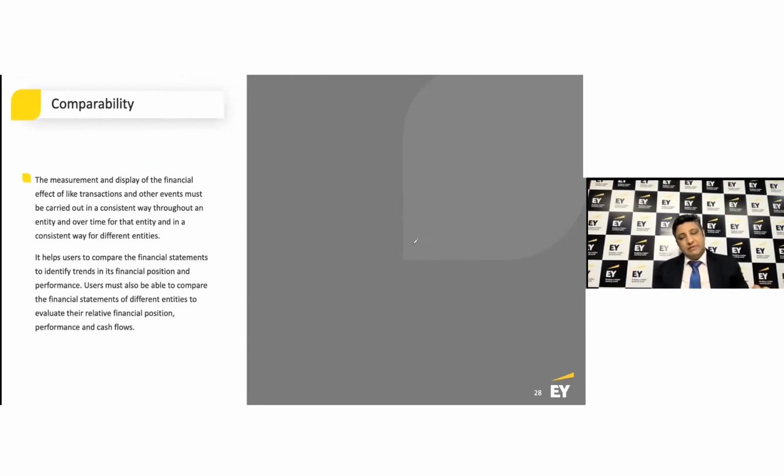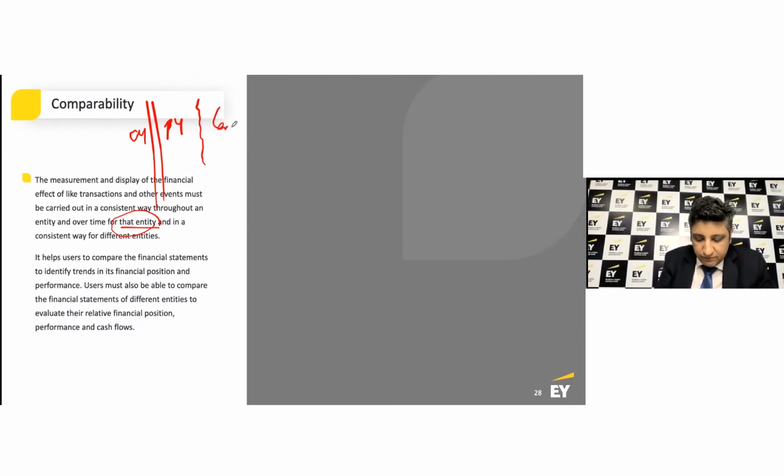Comparability, well, we'll deal with this part more in Index 1 specifically, but what it says is basically that if you are preparing the financial statements, then your financial statements for this year should be comparable to your financial statements of the last year, as well as those of the competition. So in a way, you need to follow a structured format.